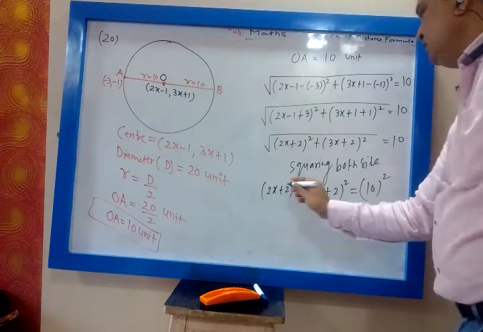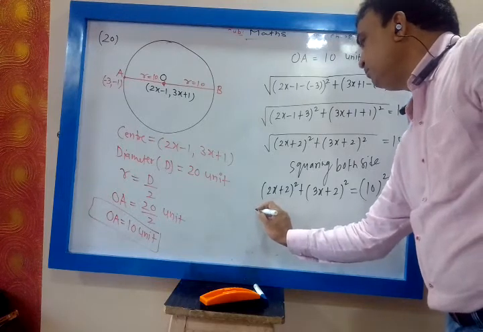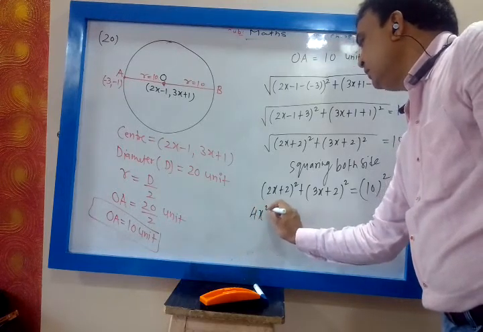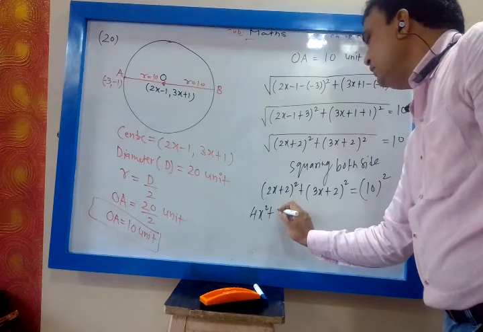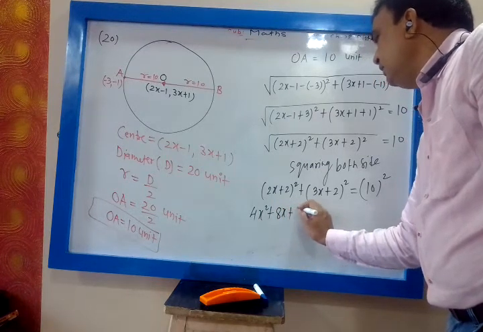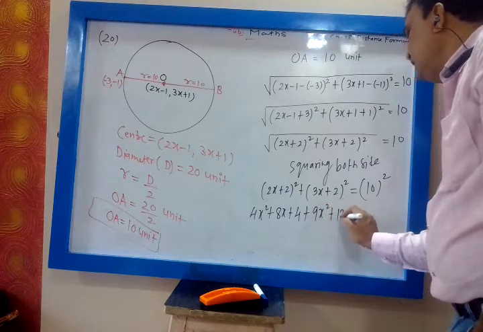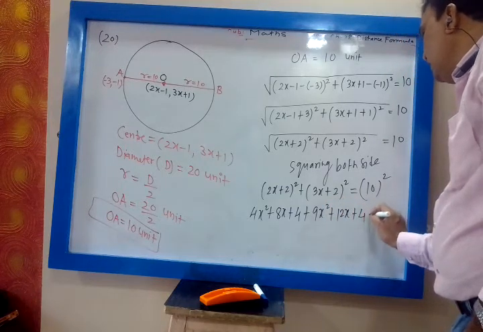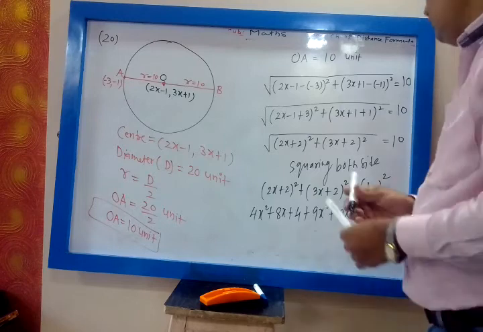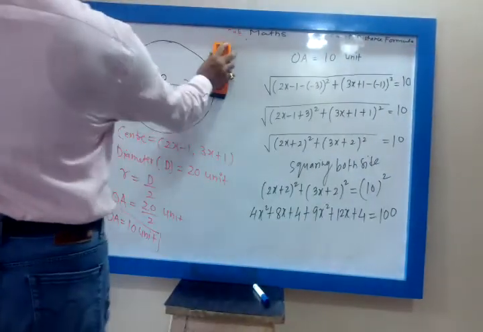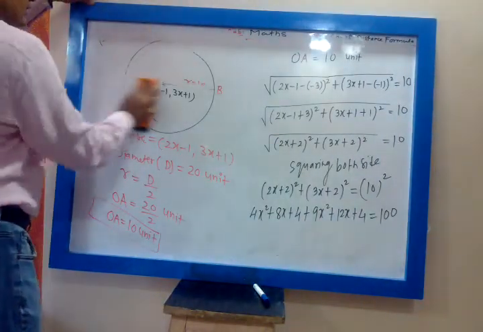Squaring both the sides, using a plus b whole square, that will be 4x square plus 8x plus 4 plus 9x square plus 12x plus 4 is equal to 100. 9x square plus 4x square is 13x square.